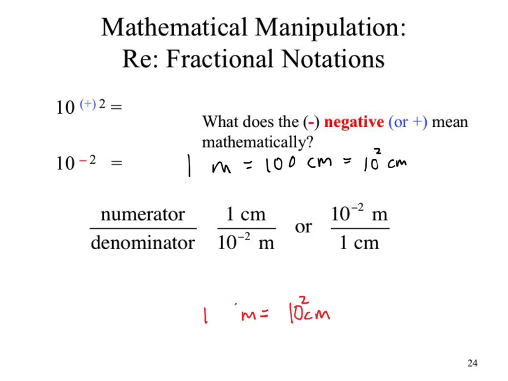How many people like dealing with exponents? Nobody. So we simplify 10 squared because 10 squared is 100. Okay? That is a valid conversion factor, and you can use similar conversion factors for both milli and kilo.